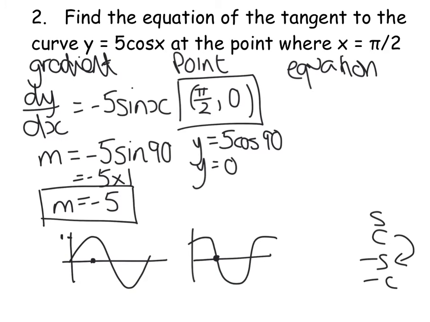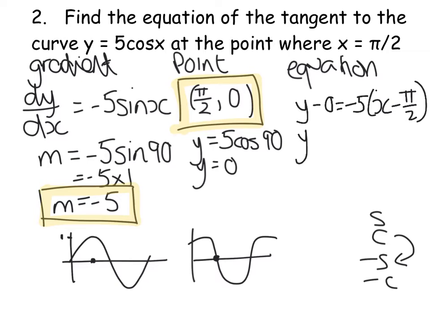So what I'm going to do now is use this coordinate and this gradient and put them into the equation of a line. So the equation of a line is y minus b. So in this case it'll be y minus 0 is my gradient, minus 5, bracket x minus pi over 2. And then just multiply that out. I've got negative 5x plus 5 pi over 2. So there is my equation.